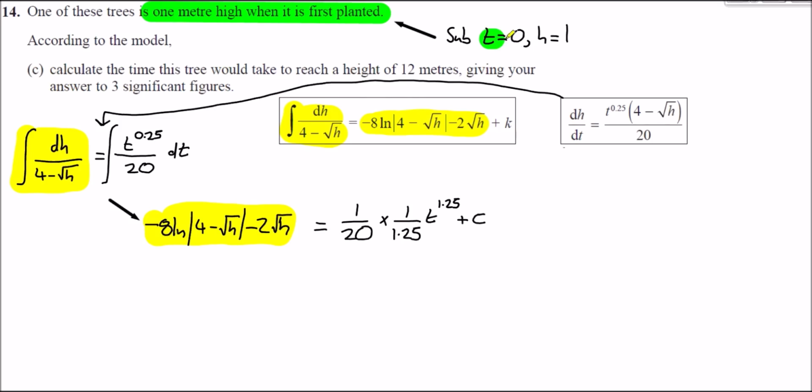When it was first planted, from the first second, it was 1 meter when it went into the ground. So from the off, when we start the stopwatch, the height was 1 meter. So we can sub this in. So now let's just do that. So now we just sub h equals 1 and t equals 0.